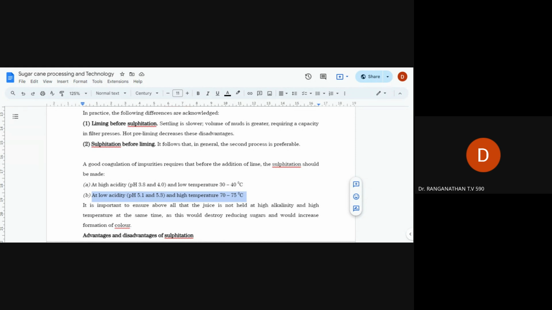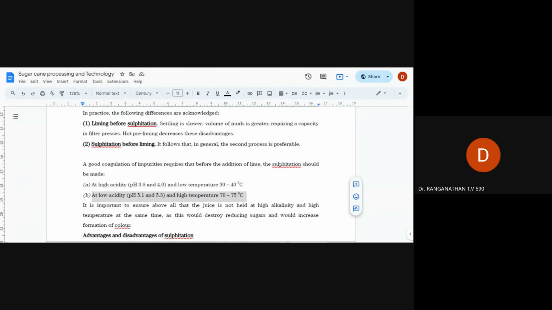Yes. When I do alkali and then acid, I am increasing the pH to 8 and coming back to 6. So on increasing the pH to 8, degradation of sucrose happens.